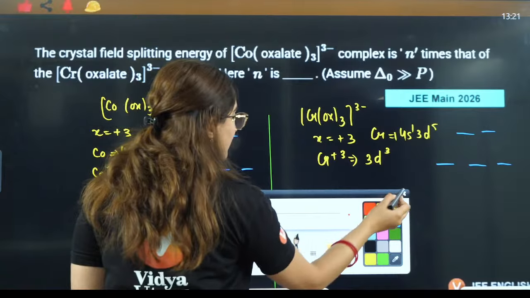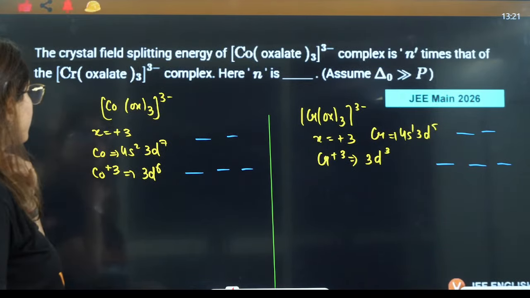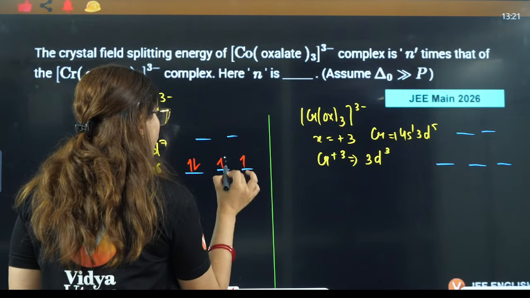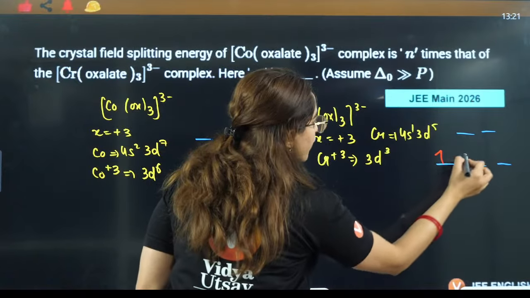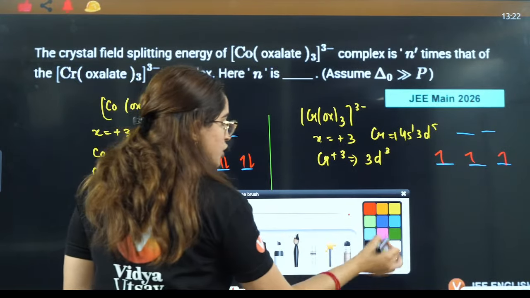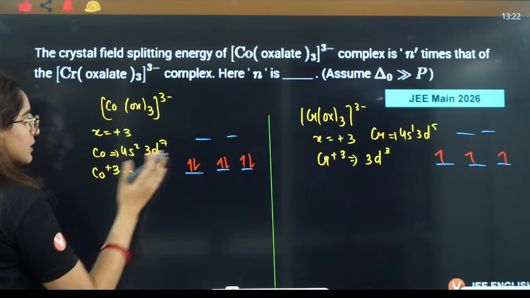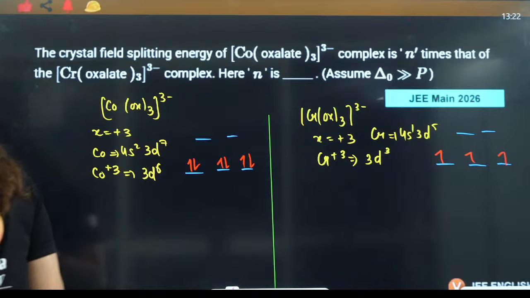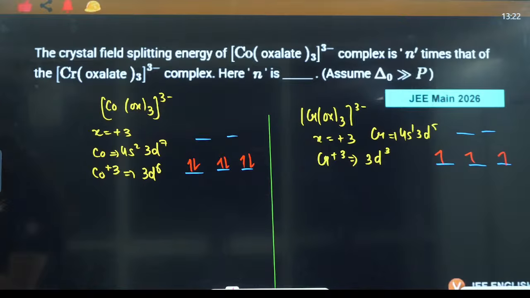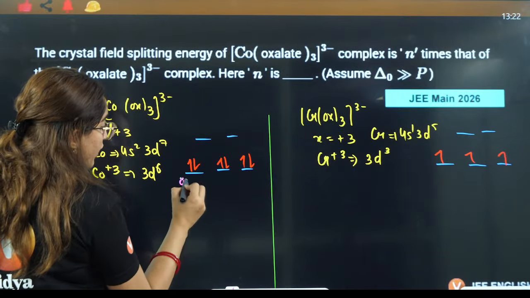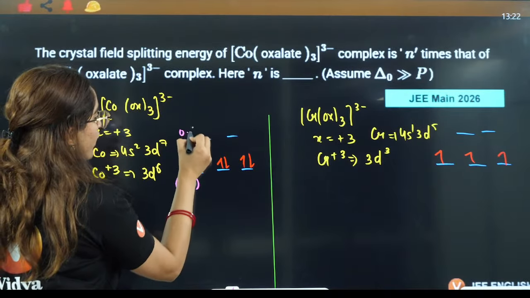Oxalato will cause pairing, so in the cobalt case all 6 electrons are in t2g, and here it will be 3 in t2g. Now in the calculation part, t2g is multiplied by 0.4 and eg by 0.6.